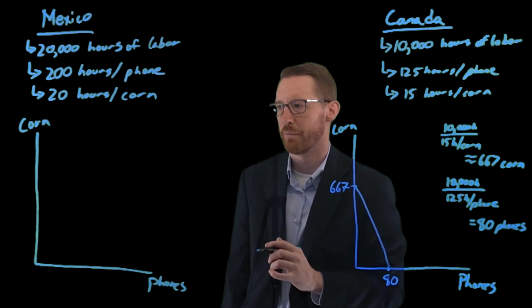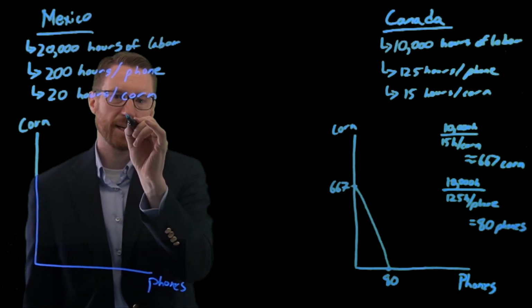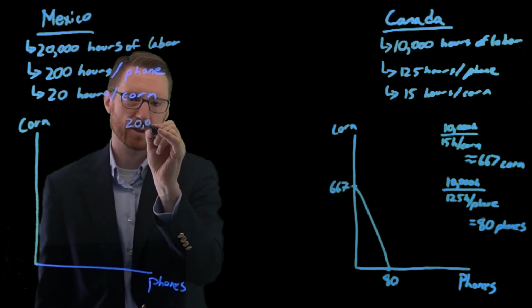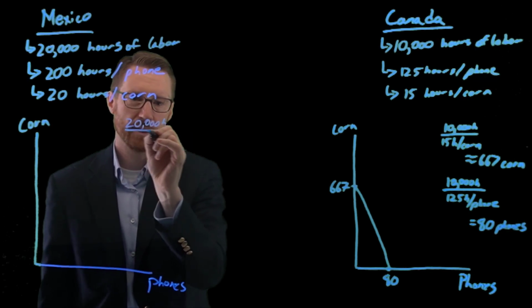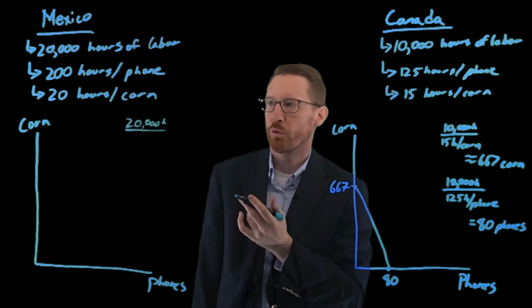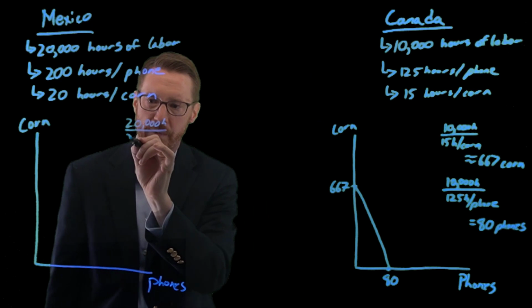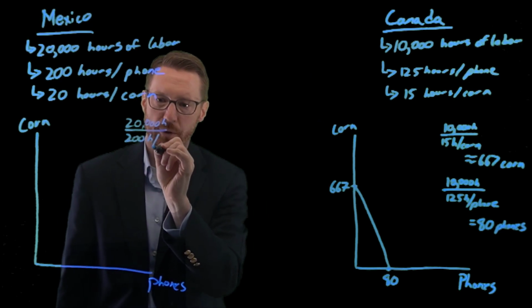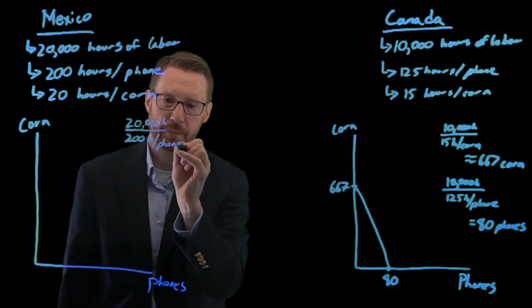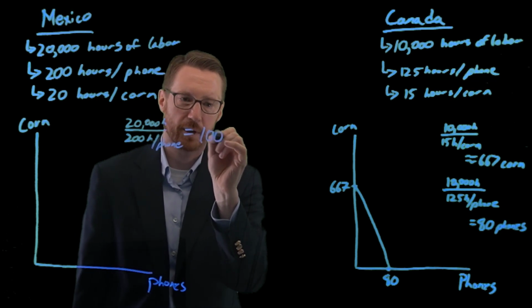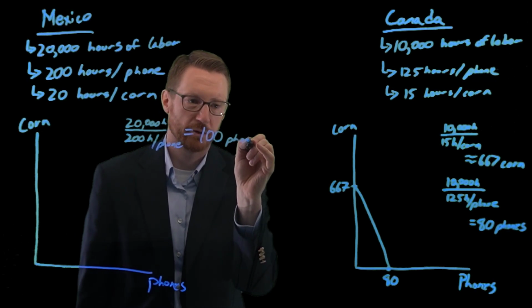All right, what about Mexico? If we take Mexico's 20,000 hours and think about, well, what if they only made phones with it? So 200 hours per phone. That means Mexico can produce 100 phones.